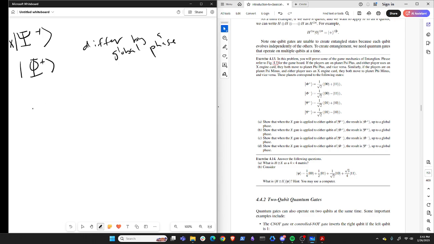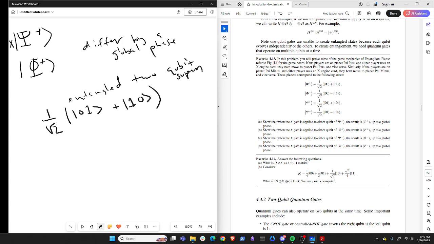So this one we've got 1 over square root of 2 state 0, 1 and 1, 0. And so we have an entangled 2-qubit state, 2-qubit superposition. So again, just visually, we can tell that it's entangled, because if the first qubit measures 0, then the second qubit must be 1.